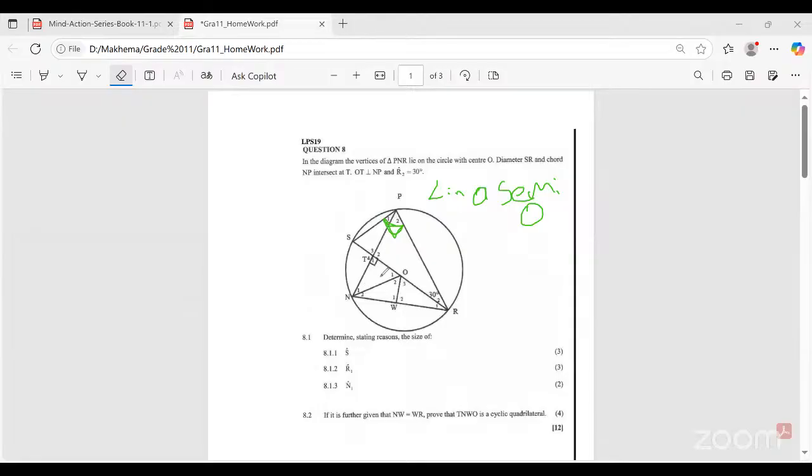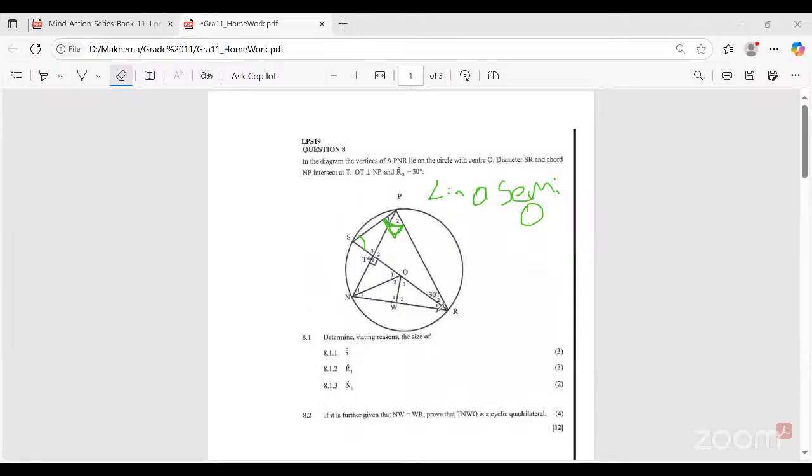Now how can we find this angle right here? How do you guys think we can find angle S after we have found angle SPR? Sum of a triangle. Which triangle?